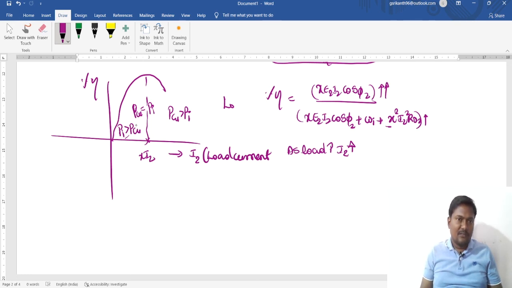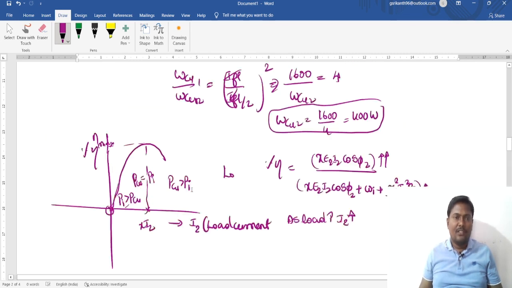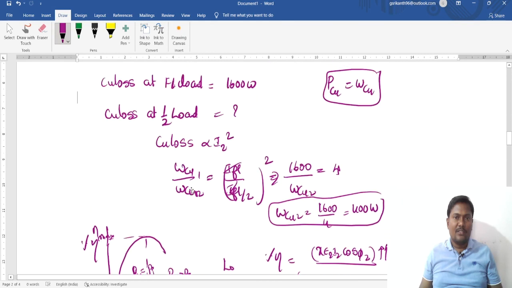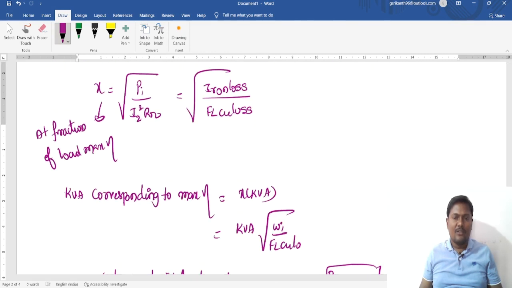So that's why the efficiency slowly increases up to the maximum point. After that it decreases. So this is the maximum efficiency condition: when variable loss is equal to constant losses.